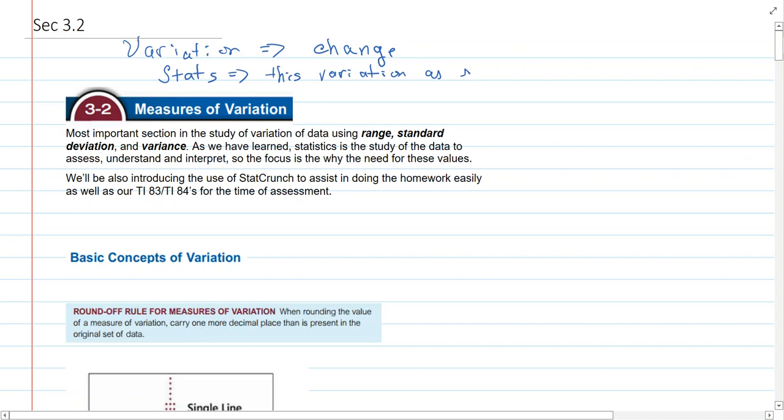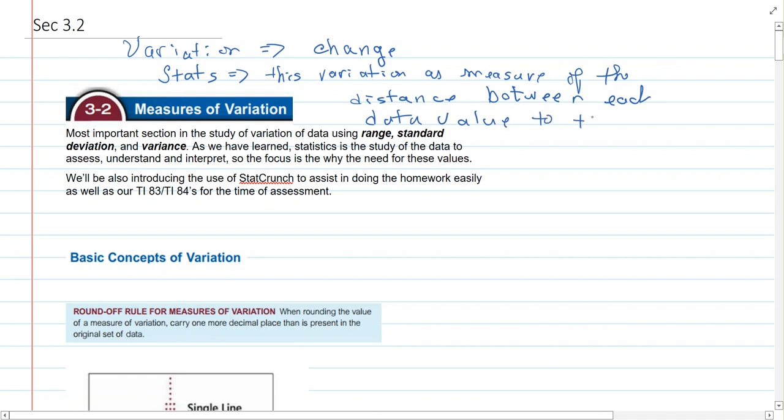as a measure of the distance between each data value to the arithmetic mean.